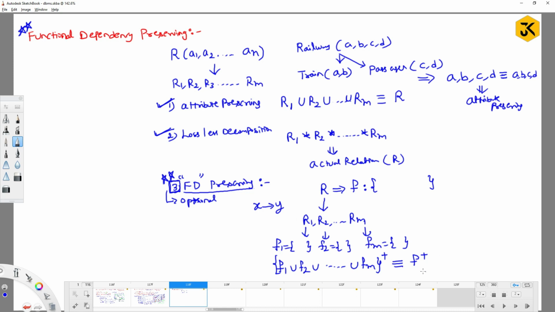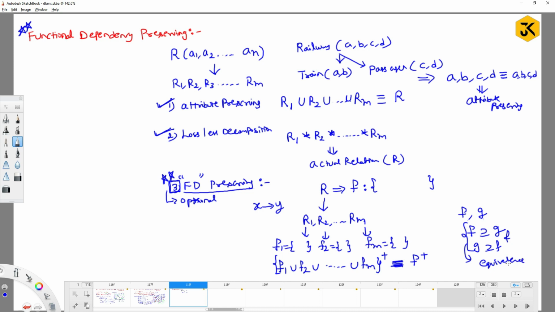See here guys, the point is it's not an equivalence, it should be satisfied. Equivalent means, like, if F and G are two sets of functional dependencies and they are equivalent, then it has to satisfy that F covers G and G covers F. This is what I can say is equivalence.